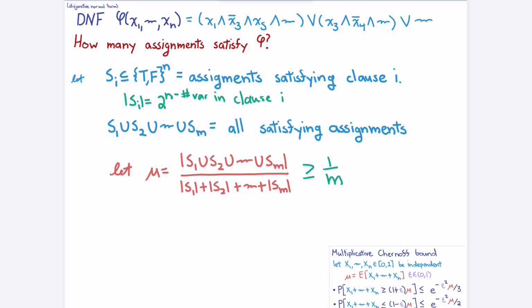Now, if I can think of an experiment where I'm sampling from the denominator and then identifying the numerator, then we would be done. What should I do? Okay, so I'll sample one of these. I'll sample S2 with weight proportional to the number of assignments in S2.